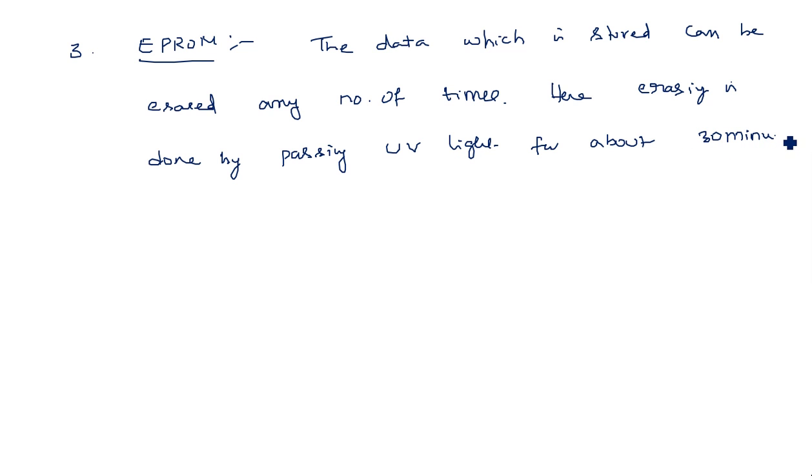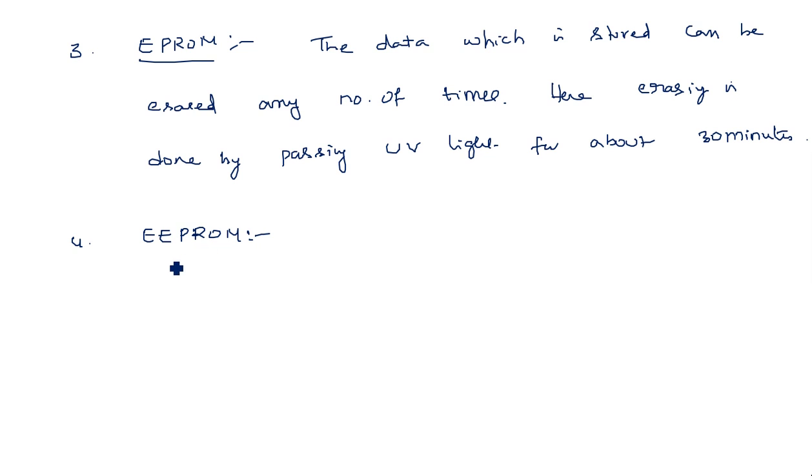That means there is a ROM device which is written with some data. Then UV light will be passed on that particular memory location for about 30 minutes so that the data can be erased. That is EPROM. And the last one is EEPROM.